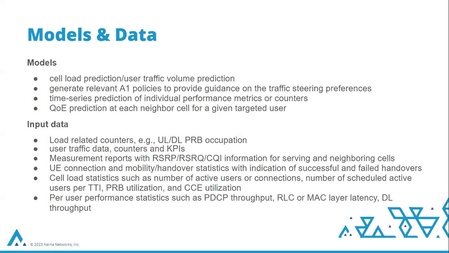These are mainly coming from the E2 nodes, along with per user performance statistics. So the data we get is the performance data, but that has to be processed further. It will be per cell, per user and various other metrics. It will be converted, and that will be fed into the model to get the output.